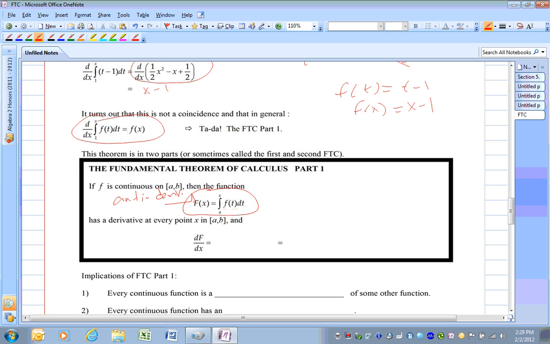And for every point x in the interval from a to b, if you took the derivative, remember that's the derivative of your antiderivative, maybe actually make that more neat.